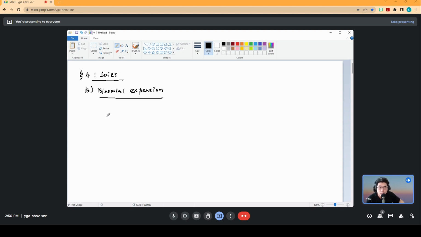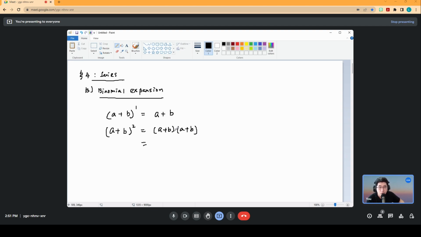From the algebra expansion that we did previously, we have (a + b) to the power 1. That means it's just one bracket itself, isn't it? If we remove the bracket, I will have just a + b. Then if I have (a + b) squared, that means I will have (a + b)(a + b) again.